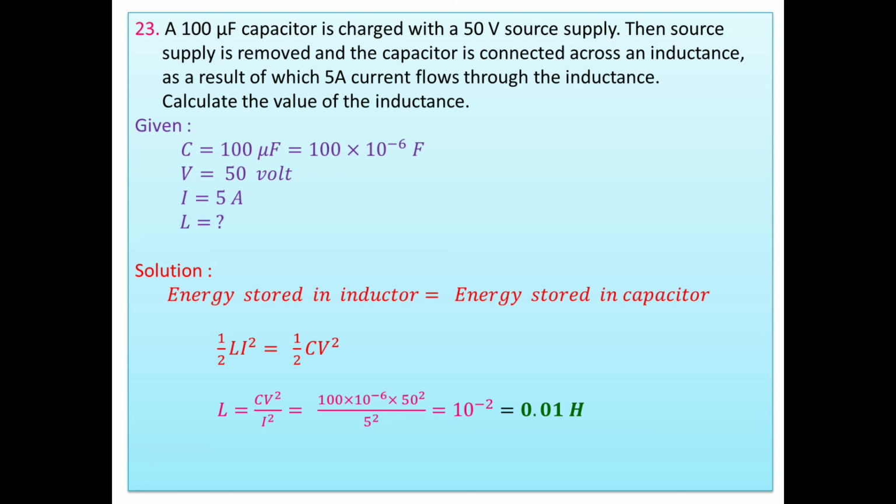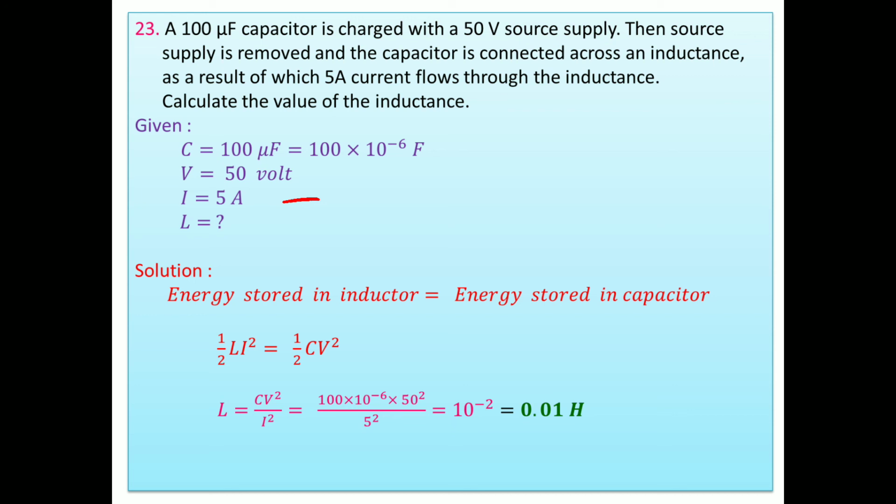Capacitance is given as 100 microfarad, means 100 into 10 raised to minus 6 farad, or 10 raised to minus 4 farad directly. V is 50 volt. Current I is 5 ampere, L to be calculated. The same thing applies by law of conservation. The total electric energy of the capacitor gets converted into total magnetic field energy in the inductor.